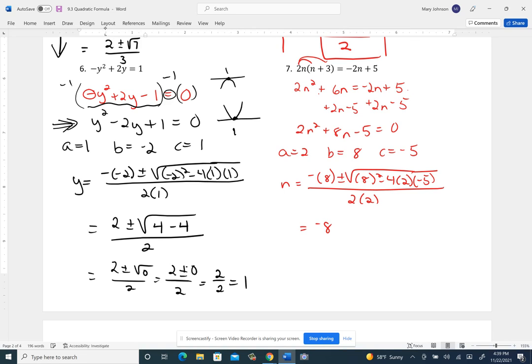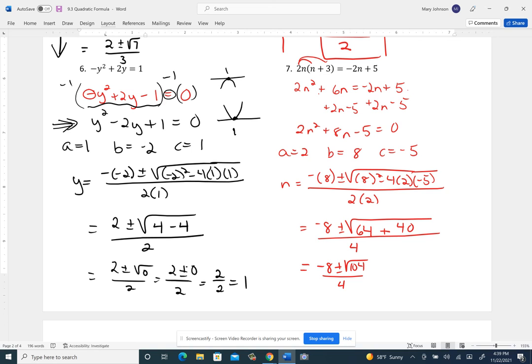So that's negative 8 plus or minus square root of 64 plus 20 times 2 is 40, all over 4. It's negative 8 plus or minus square root of 104 over 4.